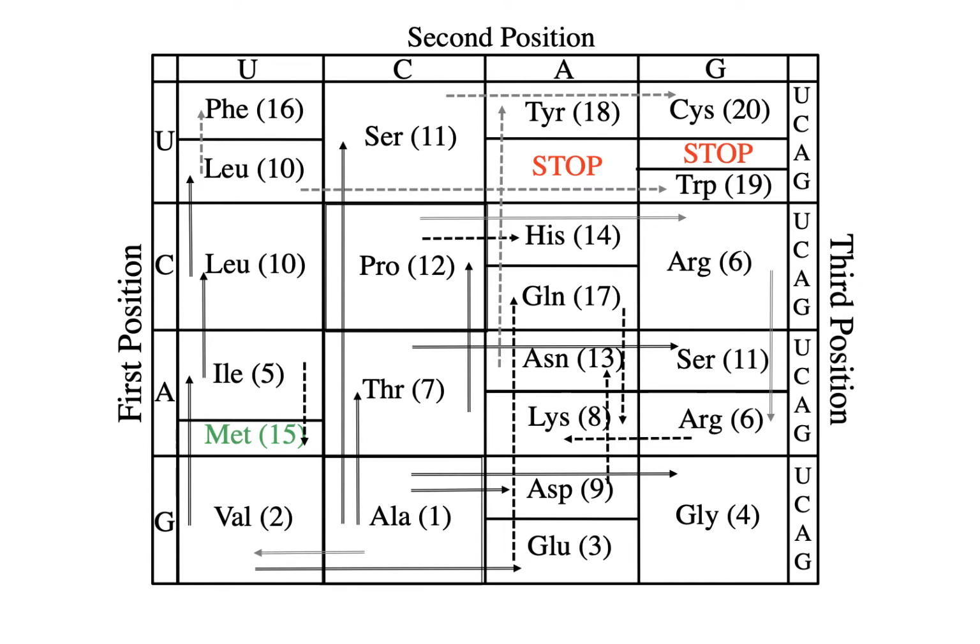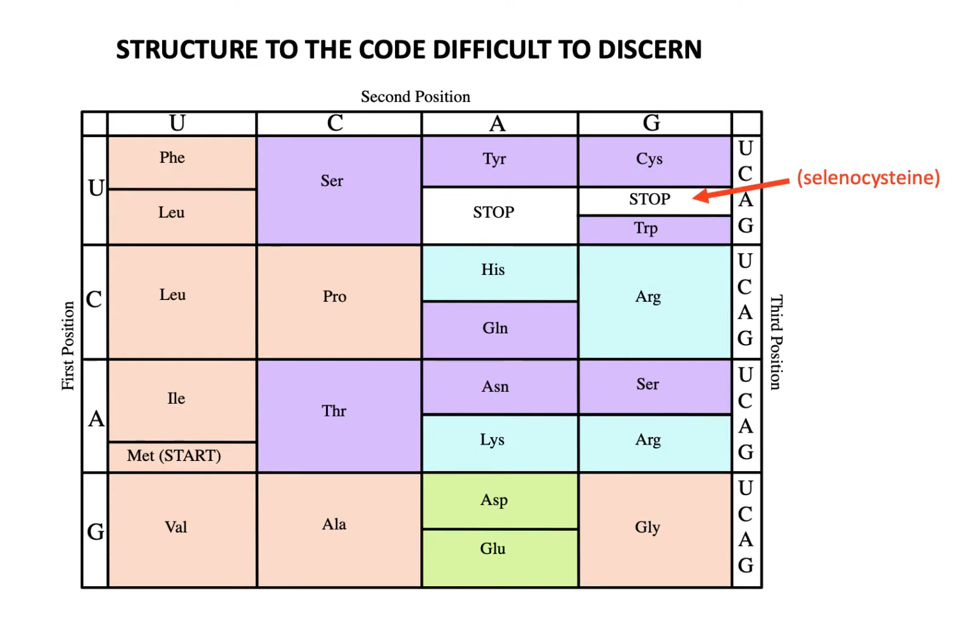But this still presents sort of a confusing picture to me and to other researchers, and probably to you also. So again, if you look at it this way, you can see some structure. There are nonpolar amino acids in orange, polar ones in purple, basic amino acids in blue, and then the acidic amino acids in green.